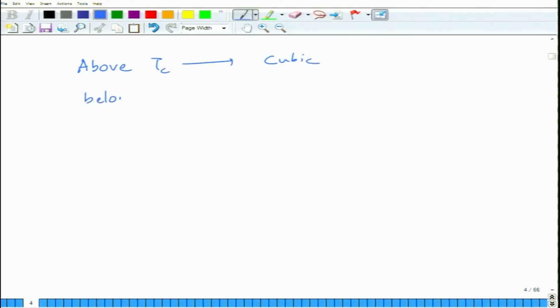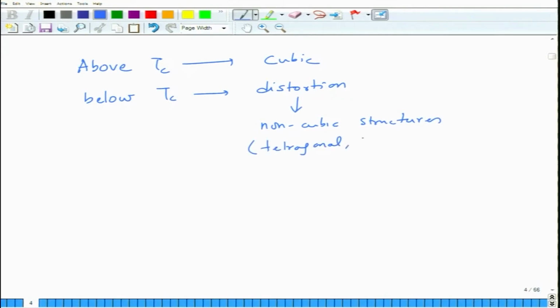Below Tc there will be some very minor distortion in the unit cell, and this distortion leads to non-cubic structures. These could be tetragonal, rhombohedral, and so on. It is just a slight distortion in the unit cell which makes the cubic symmetry go away.